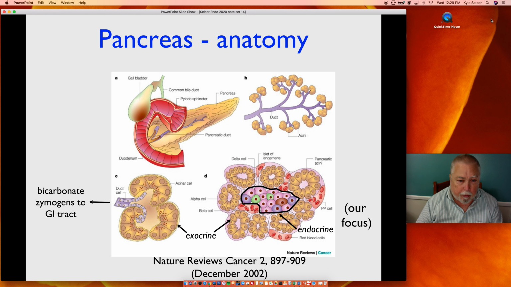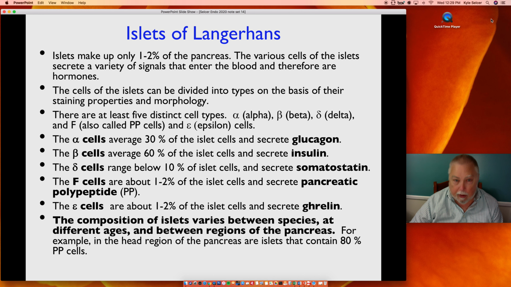They also produce bicarbonate that travels down through the ducts. And then the final panel D shows how all of those acinar cells would be arranged with the islets of Langerhans being superimposed in between them. But there's just a lot more ductal cells than there are islet cells.